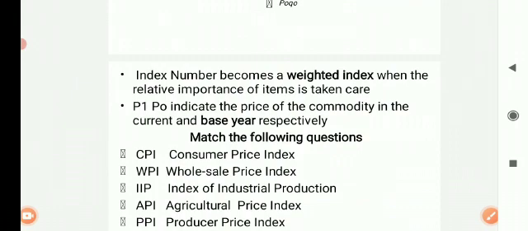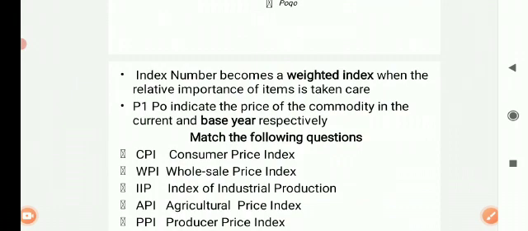When the items, meaning different goods and commodities or goods and services, are given relative importance, that kind of index number is called a weighted index number.